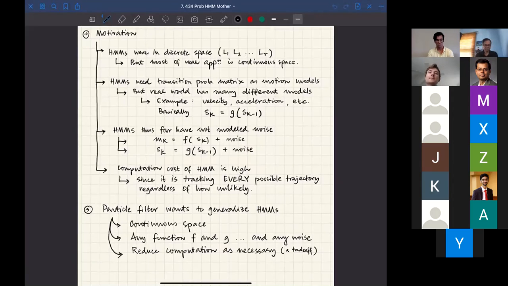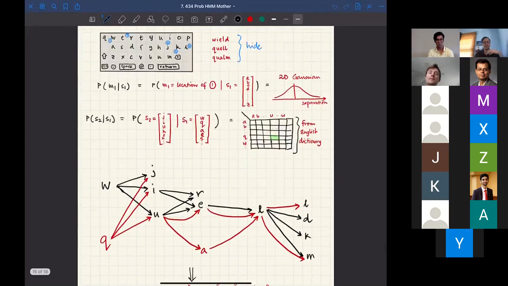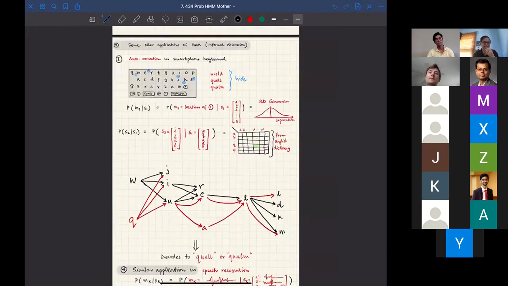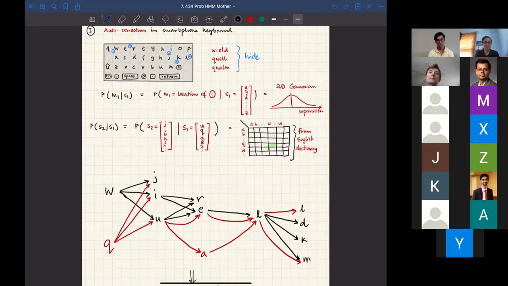Good. So we are finishing up hidden Markov models. We saw one application in autocorrect. We saw another application in arm gesture tracking, where the motion model comes from the locations that the elbow and the wrist can take, the point clouds.